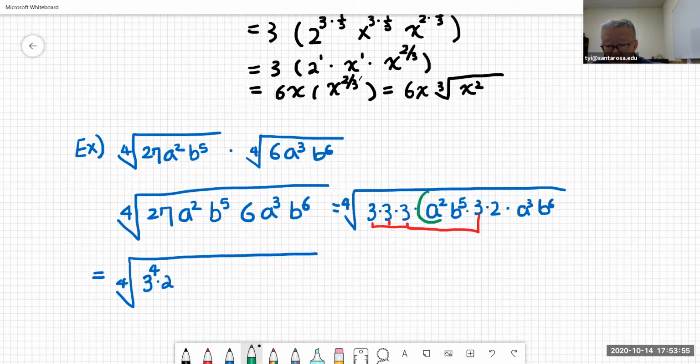So here a squared and a cubed. If I apply the product rule, that will be a to the 5th, right? And the same thing for the b. We're going to take care of the b over here. b5 and b6. So that will give us b to the 11.